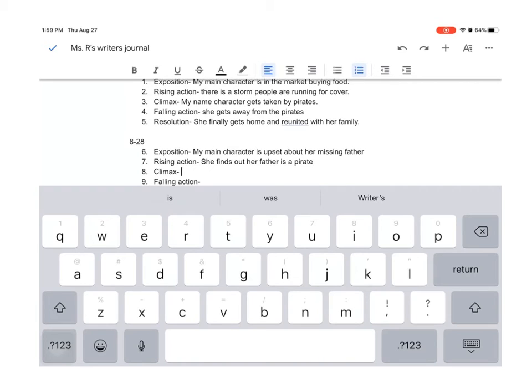She could meet her father in some way and join his crew, or get kidnapped and find out that her father doesn't really like being a pirate. How are we going to get her together with the pirates?